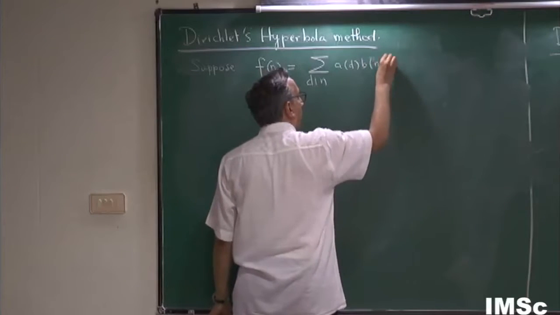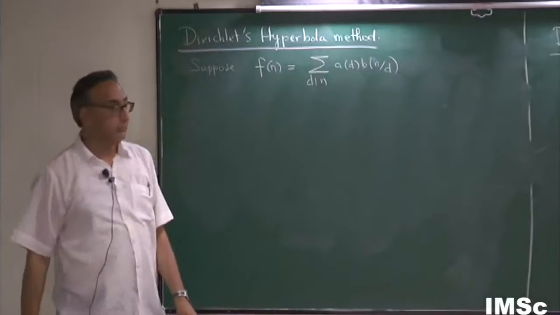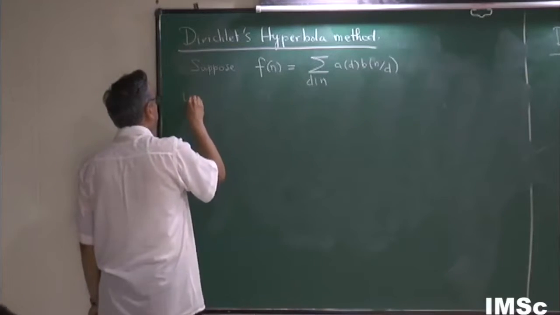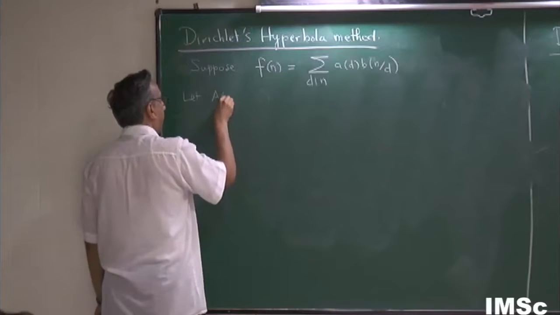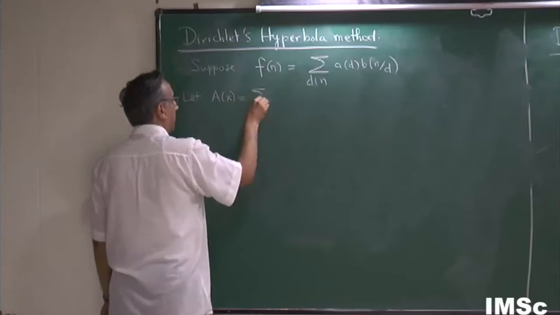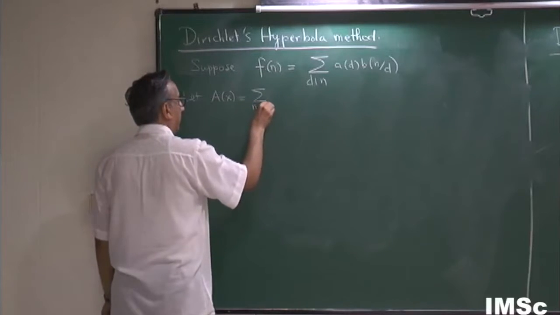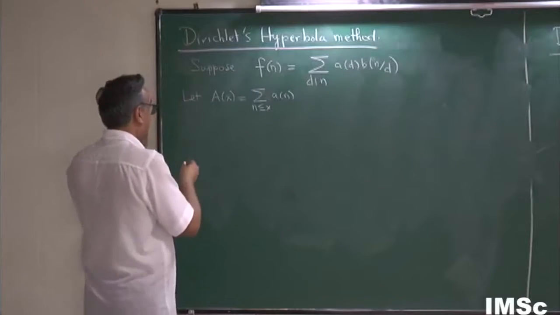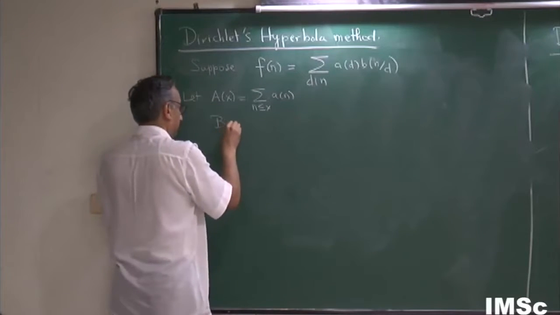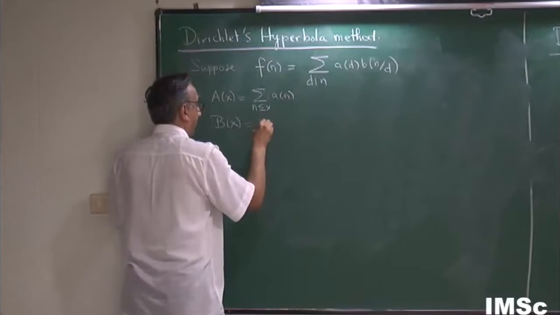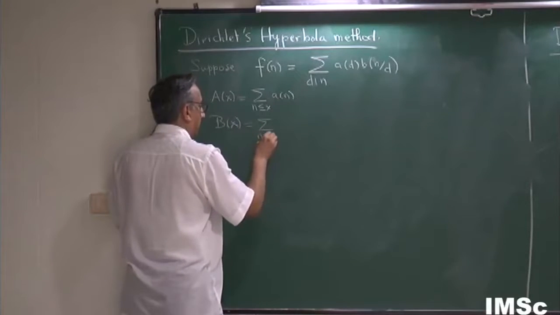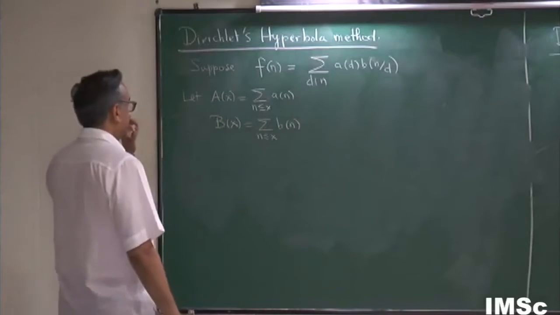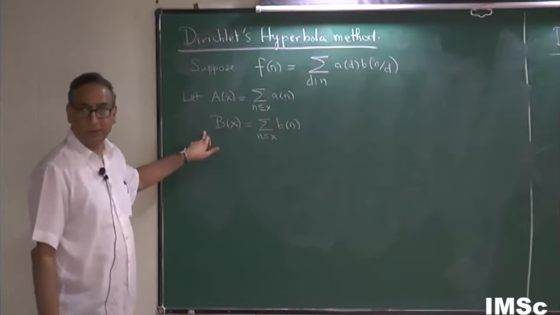So supposing I can write my arithmetical function in this fashion, let A of x be the partial sums of the a of n's, and let B of x be the partial sums of the b's. Okay, let's define these two partial sums.